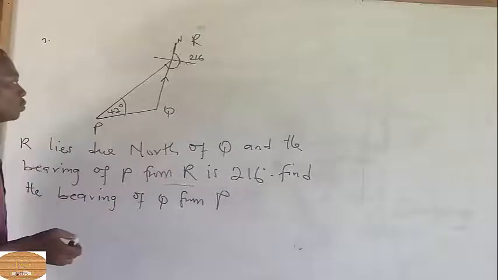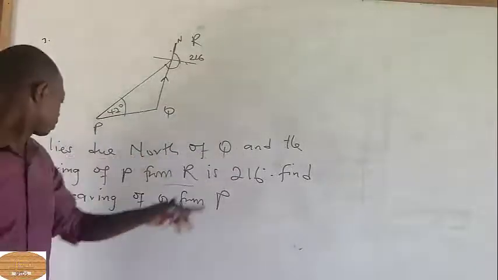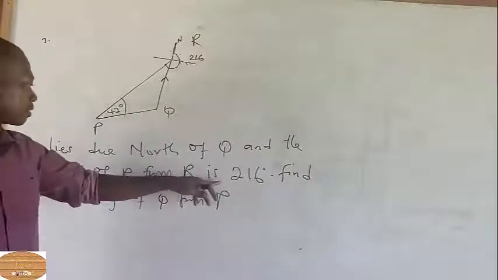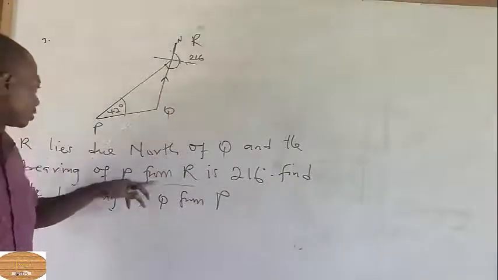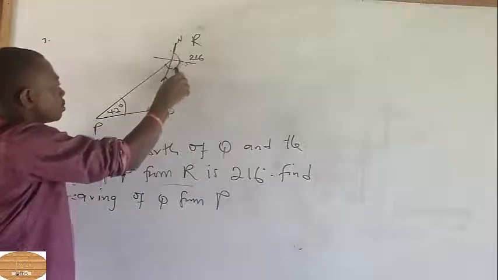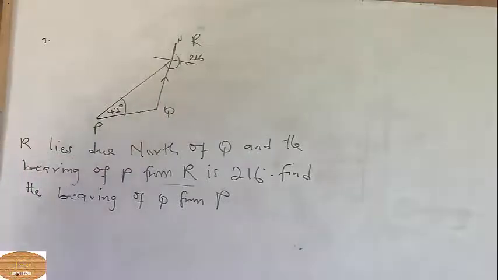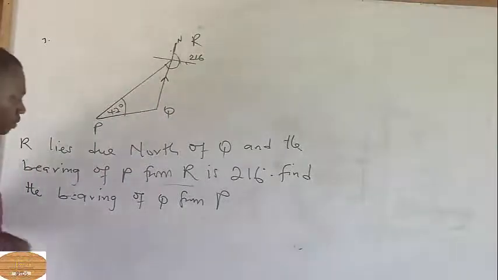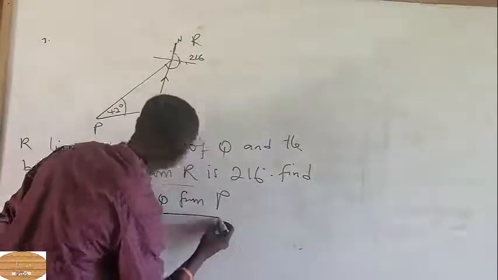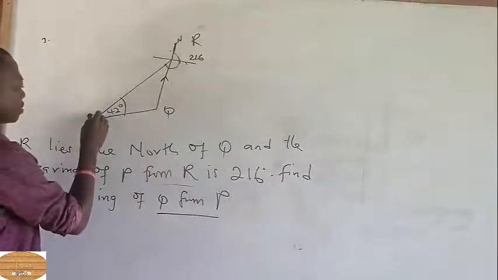So R lies north of Q, and the bearing of P from R is 216: from north, rotating clockwise to join P, is 216. Alright, so we are going to find the bearing of Q from P. So from P, let's draw an arc here.